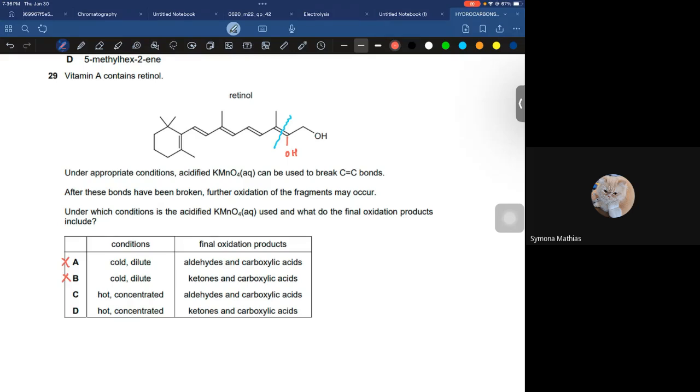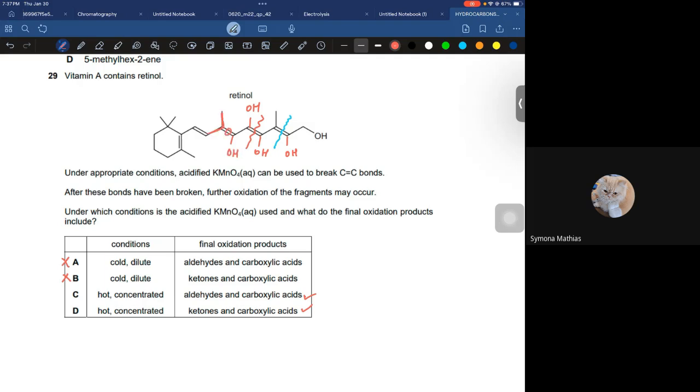So carboxylic acid is in both. We have to decide between aldehyde and ketone. If you break this down, you will see carboxylic acid again, and carboxylic acid and ketone.